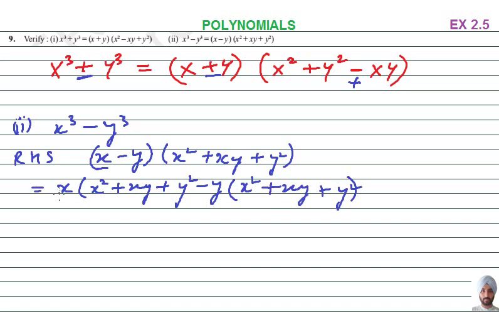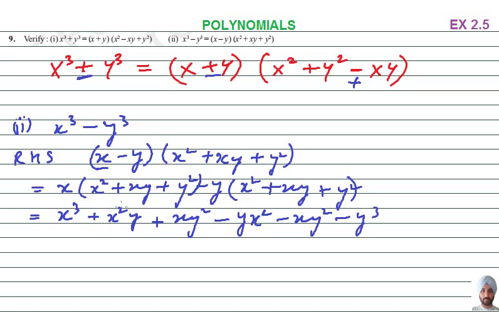Simple multiplication. I'm not doing anything extra. x into x square is x cube, x into xy is x square y, x into y square is xy square. Then be very careful, it's minus y, the signs are going to be changed now. Minus yx square minus xy square minus y cube.